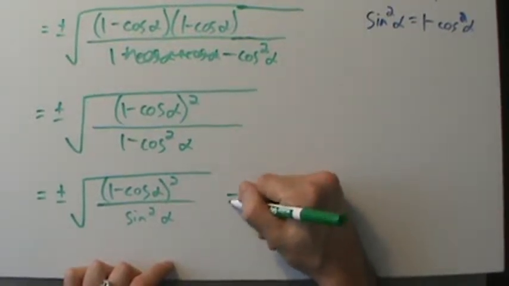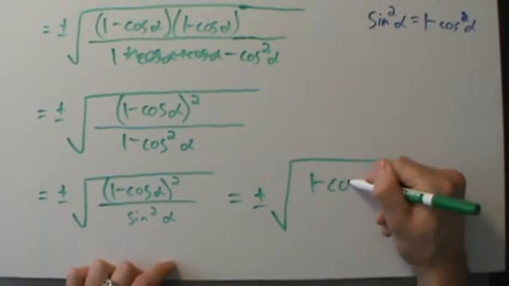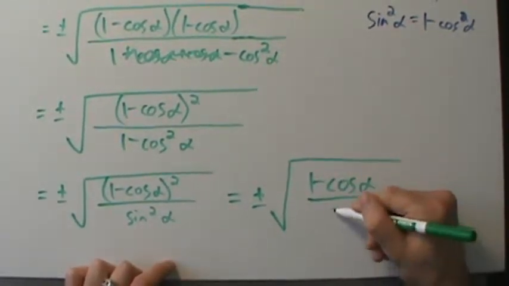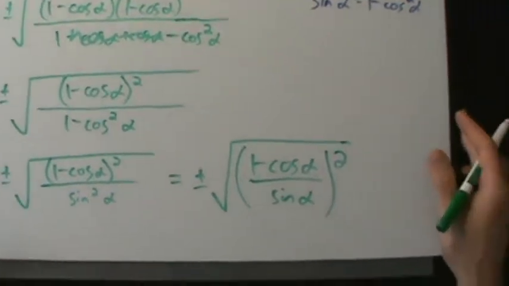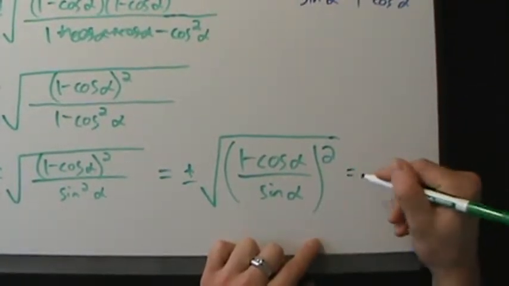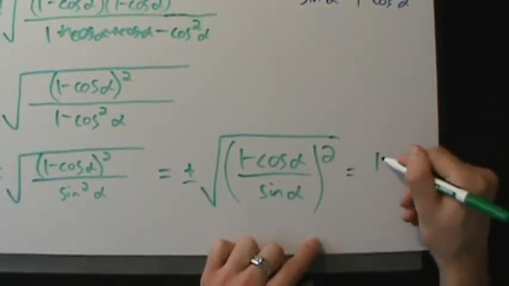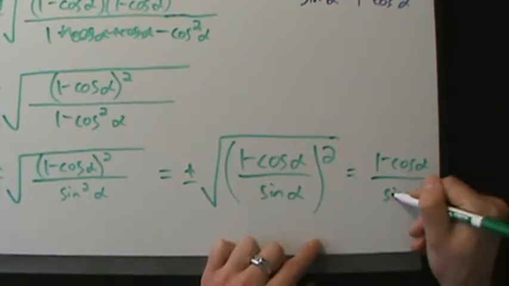So this is plus or minus the square root of 1 minus cosine alpha all divided by sine of alpha, that whole thing squared. Now we have a square root of something squared, so they cancel, and we're left with 1 minus cosine alpha all over sine of alpha. So that's where that comes from.